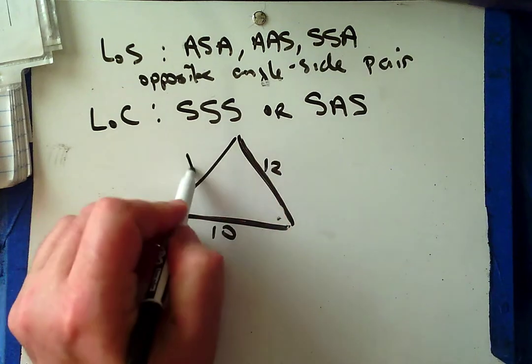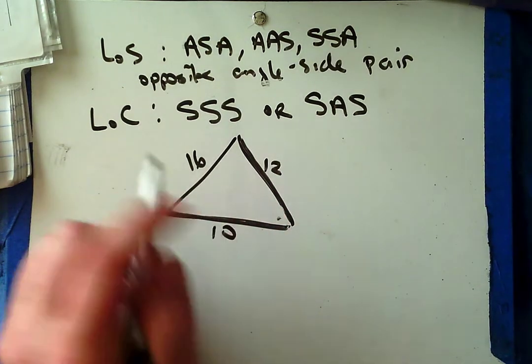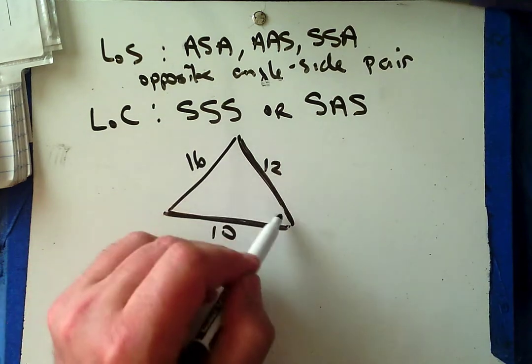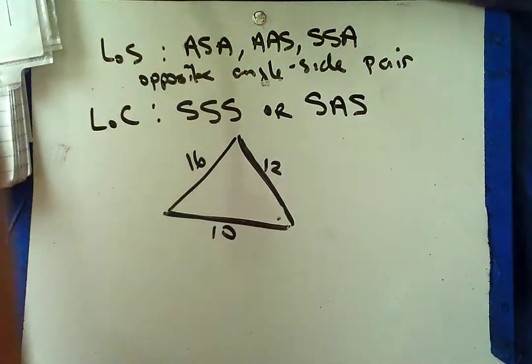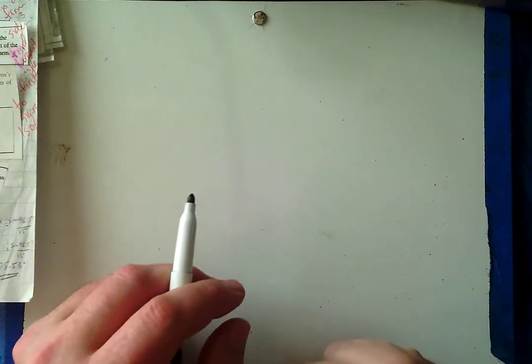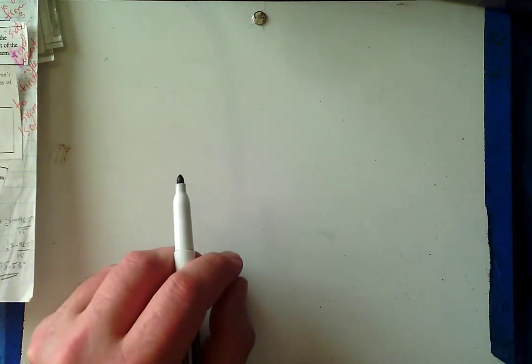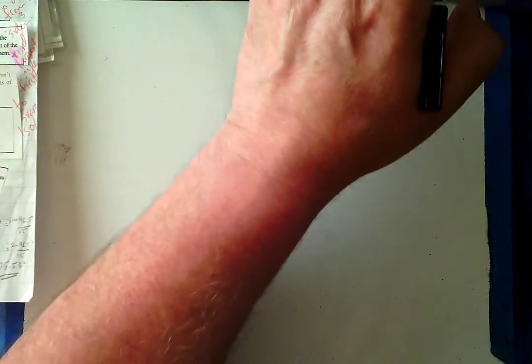Or if we have all three sides, we can use law of cosines to find these angles for us. Okay? So when we did law of sines, I derived it for you. There is a derivation in the back of your textbook for the law of cosines. And you might want to look at it. I'm not going to do it here because it's rather long and involved.